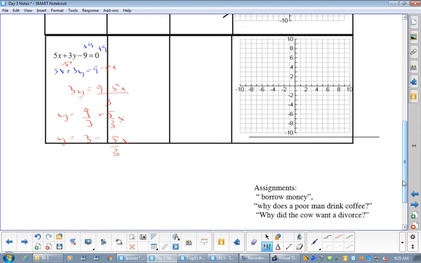Again, not in the perfect form, right? So let's do a quick little, what would that be? Yes? Minus 5/3 x plus 3, okay? Because that negative is with the 5/3, keep it with the 5/3.